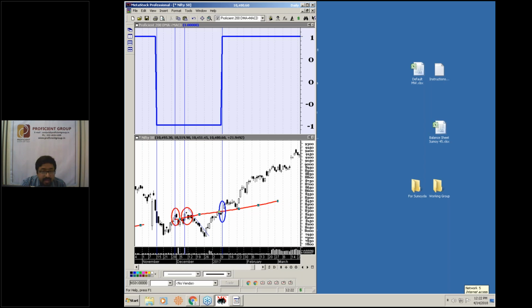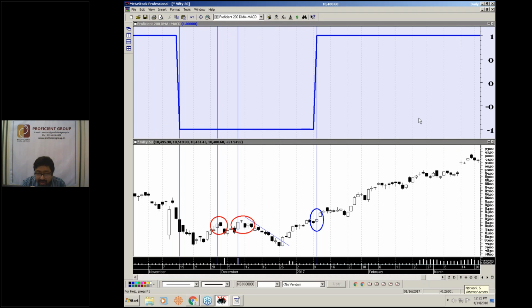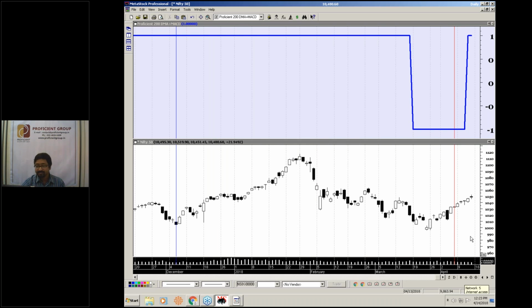Now that we have created this particular indicator, we no longer need to look at the moving averages and the MACD to get the signal. Now we can look only at this indicator that we created, and we can get our indication of change.